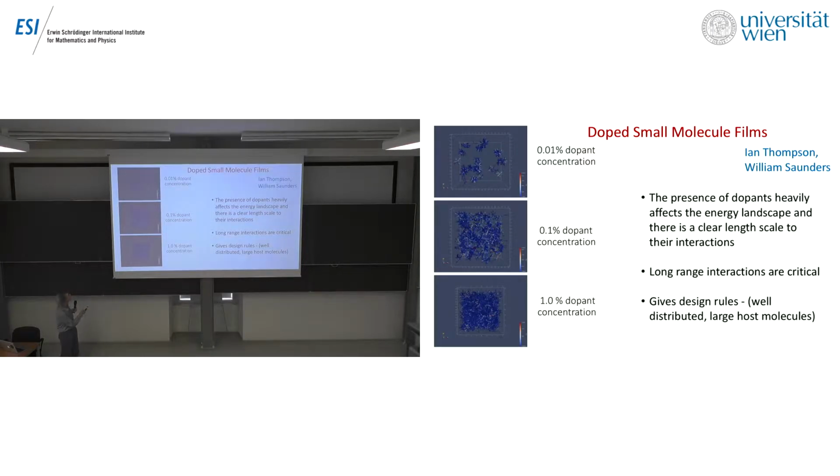But as you increase the dopant concentration, even at quite low concentrations of 1%, the potential wells merge to create a much flatter energy landscape, and that allows the charges to move much more freely.